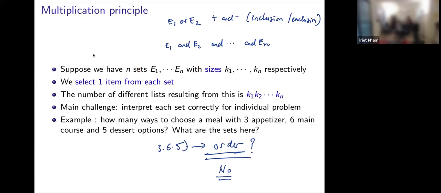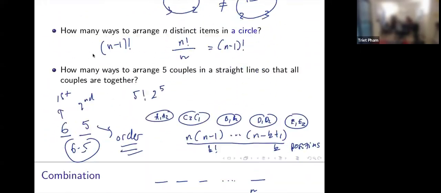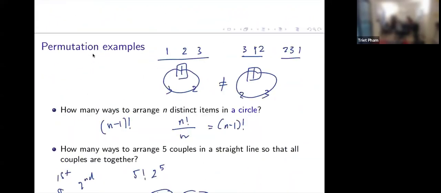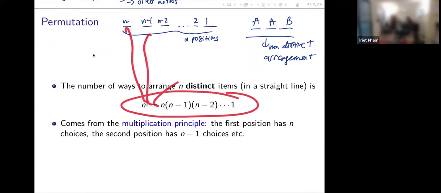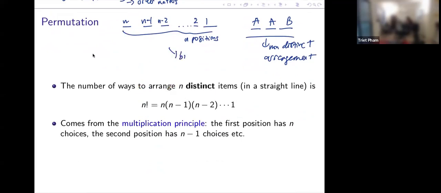But here, when you do the permutation, you also use the multiplication principle, but you have order built into it. And why so? The reason is that when you do this, you set the first position, second position, and so on. The first position has n choices, the second position has n minus 1 choices. So that's the best I can put it.